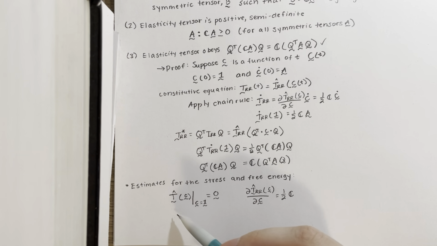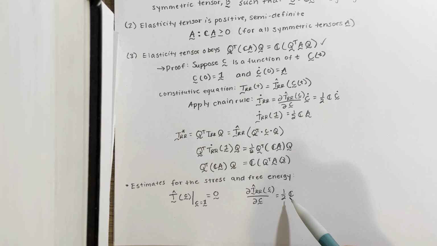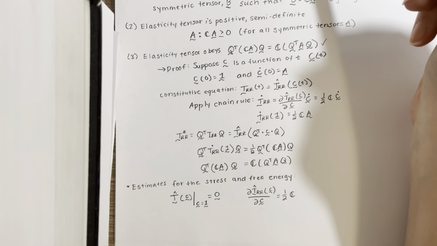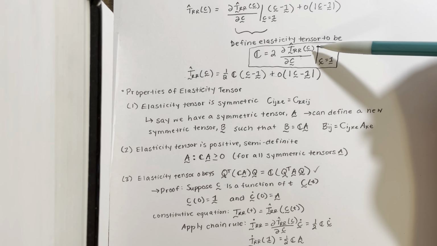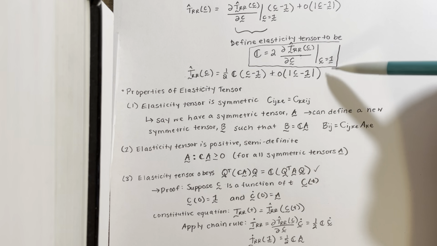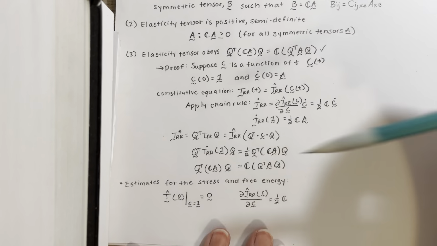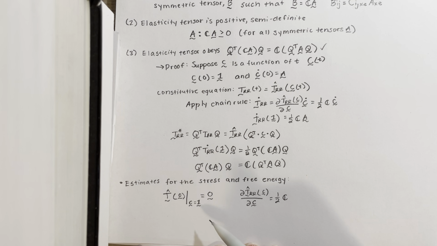Again, this is because of our stress-free natural configuration, and we defined our elasticity tensor above to be 2 times the derivative of the second Piola-Kirchhoff tensor at C equal to 1. So that's how we got these two relationships.